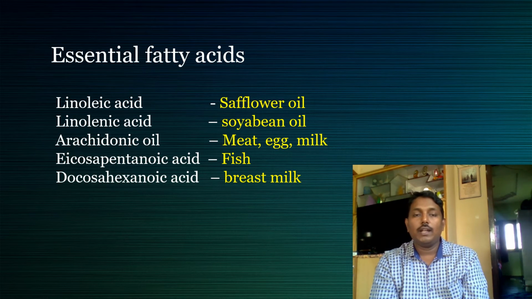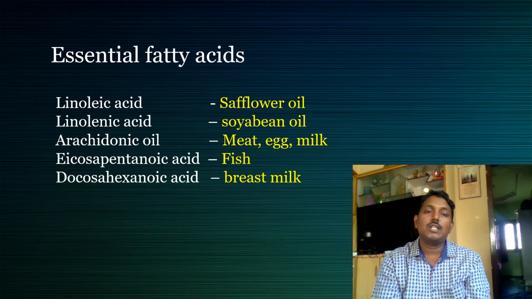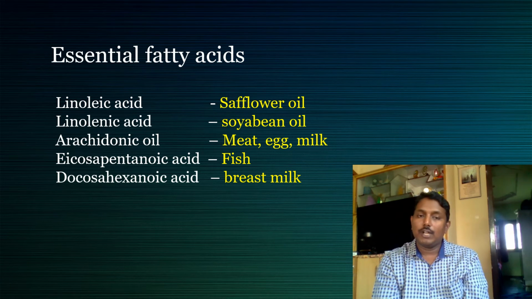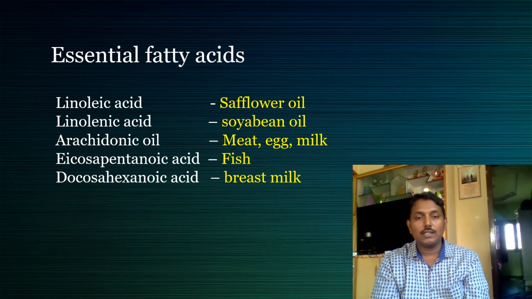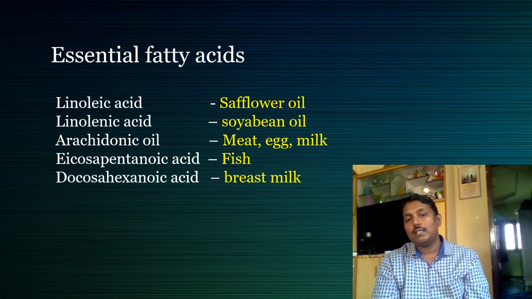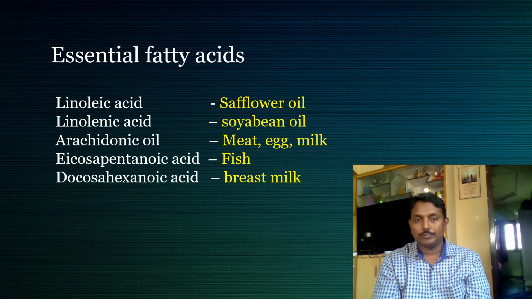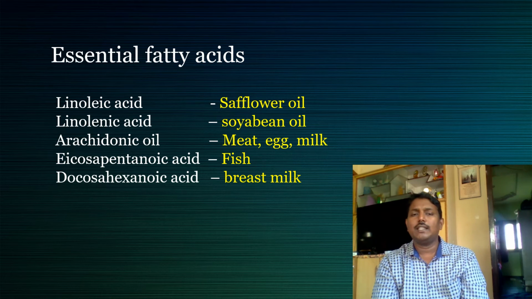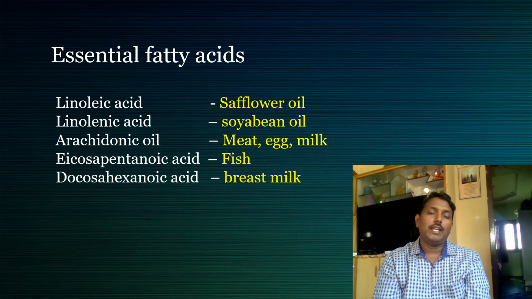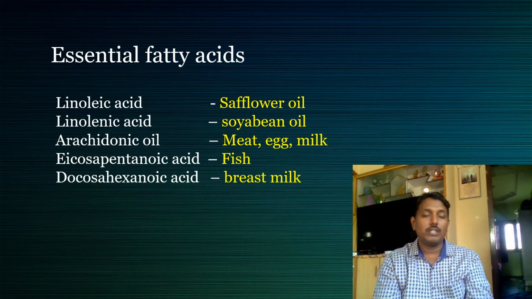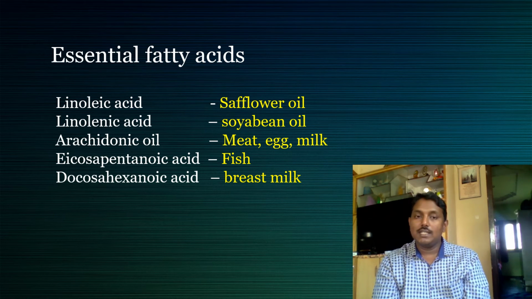So let us go ahead and touch on the topic of essential fatty acids. These are the 5 essential fatty acids required for our body: linoleic acid, linolenic acid, arachidonic acid, eicosapentaenoic acid, and docosahexaenoic acid. Linoleic acid is the most important fatty acid that is required, which comes under the omega-3 series.